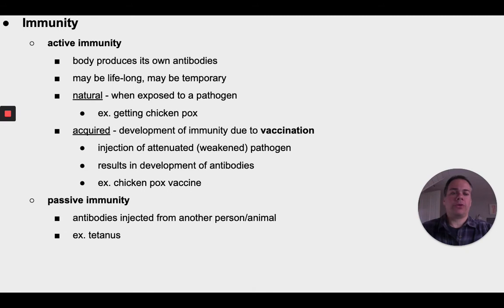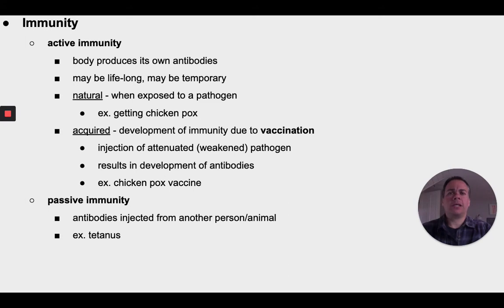Another means of acquiring that immunity, however, is what's called acquired active immunity. This is when we develop immunity due to a vaccination. You were all vaccinated against the chickenpox.